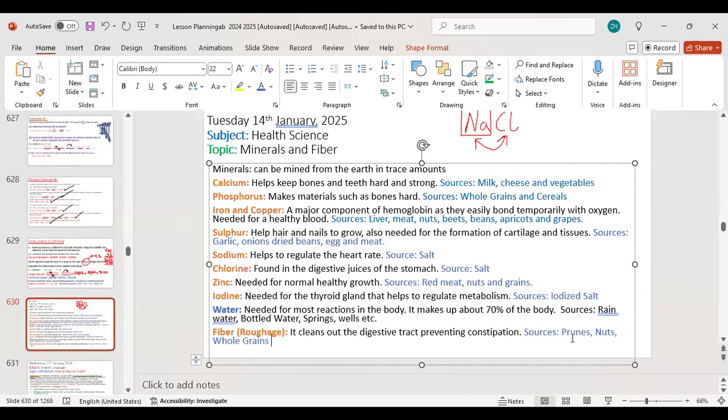Not that white bread. The whole wheat bread, the whole grain rice, those kinds of things. You get fiber from cabbage and lettuce. Those are the things that you need.